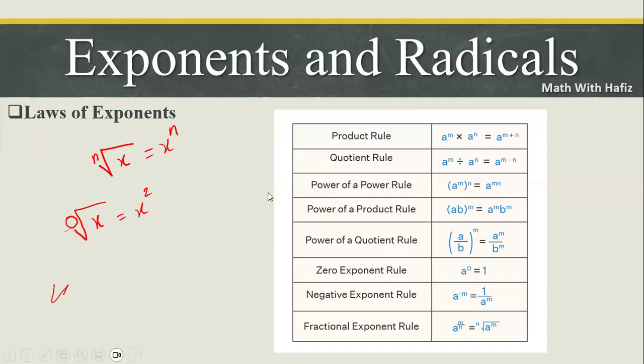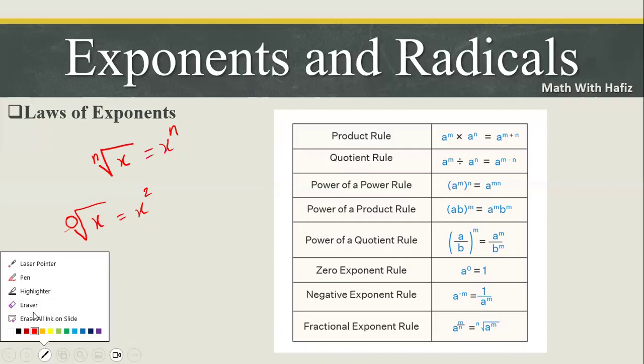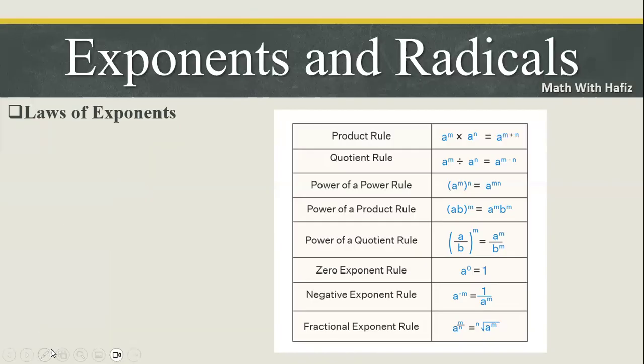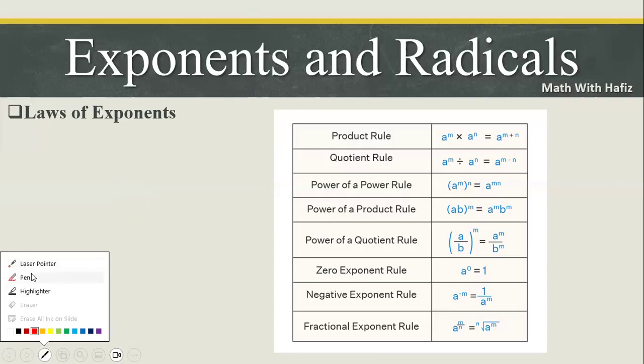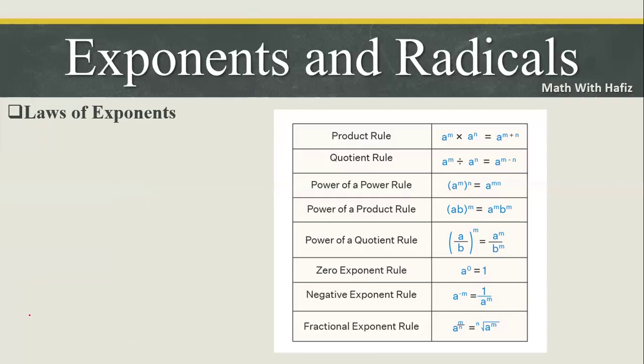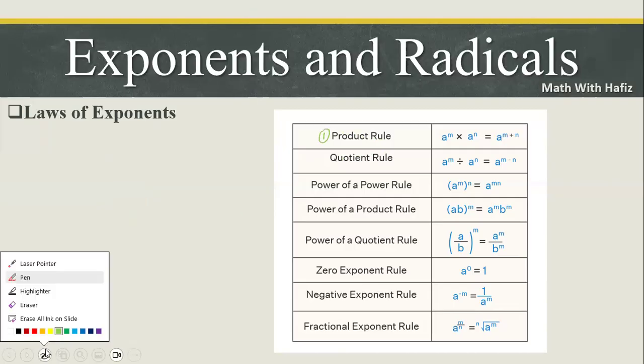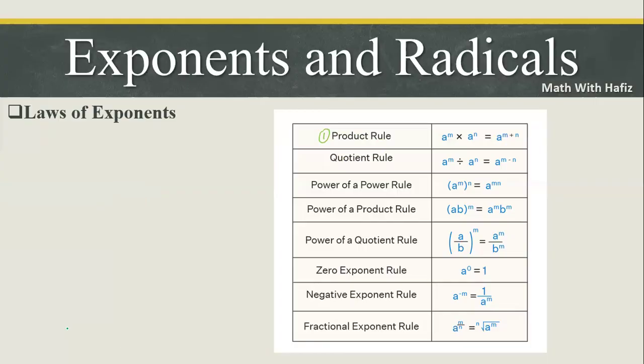So let's move to the rules which we are going to study today. First of all, we have a product rule. This product rule tells us what to do when we have two things with the same base.